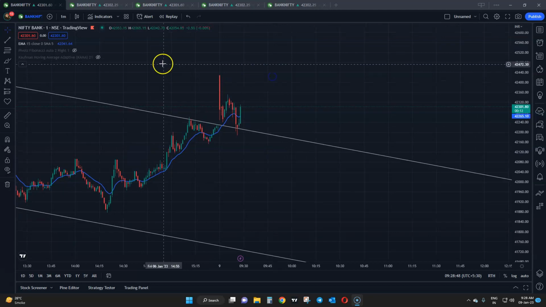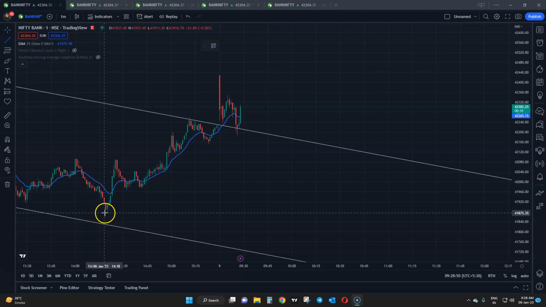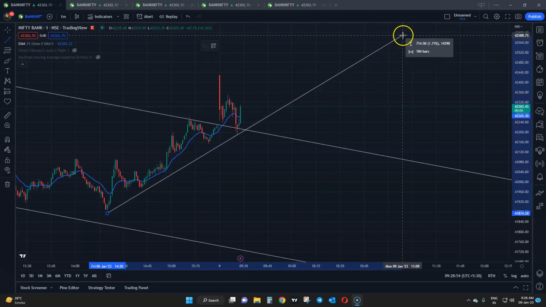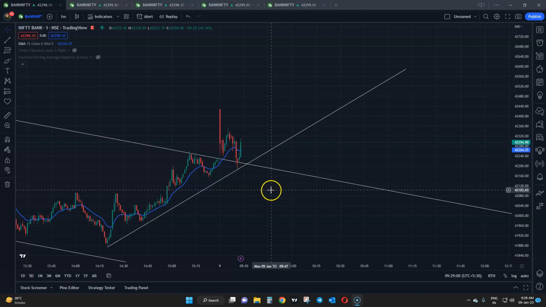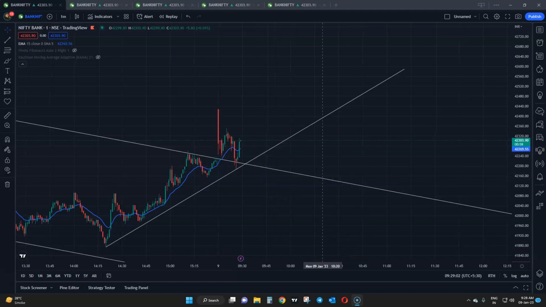We can now draw one line, a trend line here, because it's taken good support. No trades as yet. Can you believe it? Because no opportunities as yet.